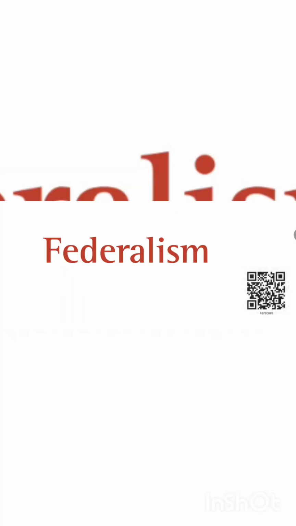Now let's understand federalism. Before I start the lesson, I just want to share a small story with you. Every day when you go to school, before entering the school premises, at first you see a gatekeeper, isn't it? And after that, when you enter the school building, you see the receptionist or the reception area, the administrative area, the accountant, and then finally you reach the classroom.